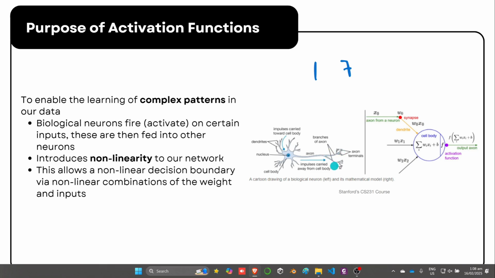It's actually amazing how efficient our brains are for this. So this gets to the point where we say it is the non-linearity.